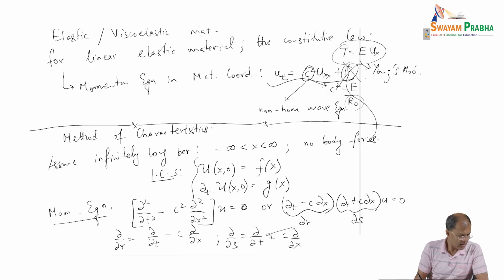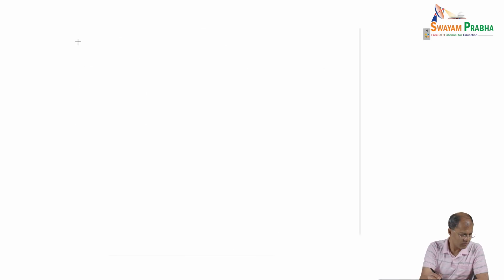I compare my derivatives of x and t, compare these two relations, and we arrive at partial x partial r being minus c, and partial x partial s being c.